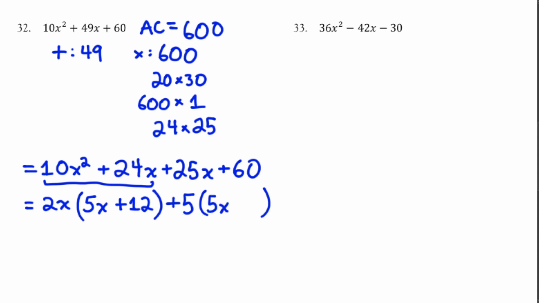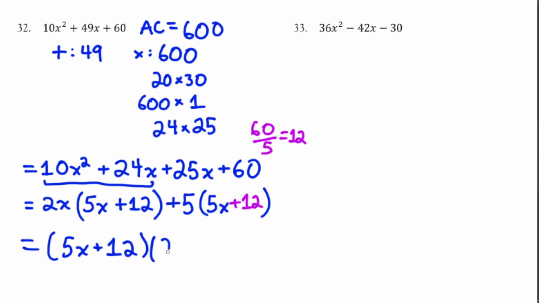And when I take a 5 out of 60, what I mean is 60 divided by 5, and that's 12. Well, the two factors matched, so we did it. So I can factor out 5x plus 12, and what's left is 2x plus 5. Nice.